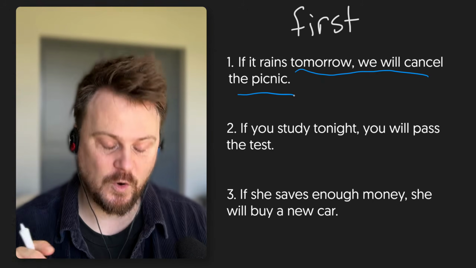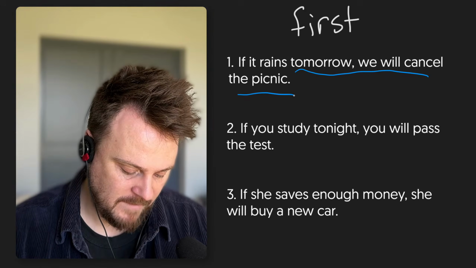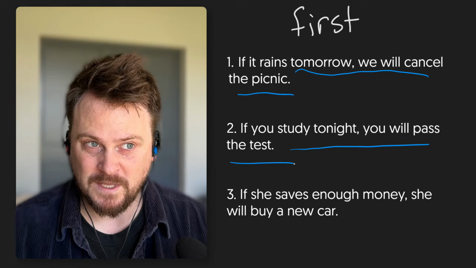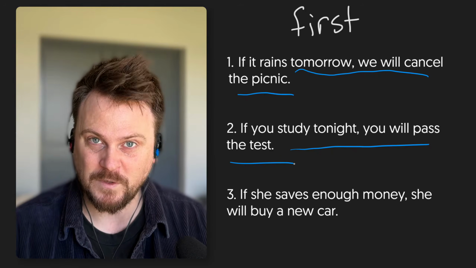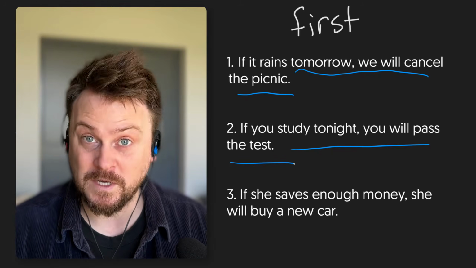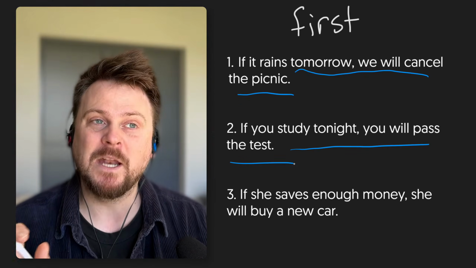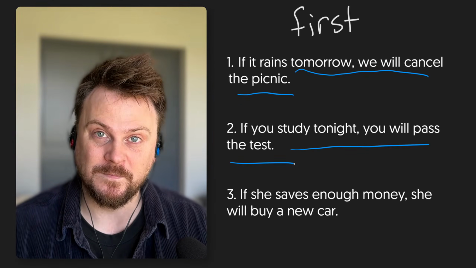Right? But that is currently unknown. If you study tonight, you will pass the test. Now there you might say, oh, isn't that similar to the first one, or the 0 conditional, the first examples we looked at? Yes, it is, but it's all about the phrasing.